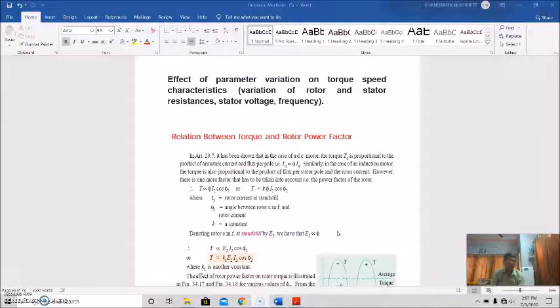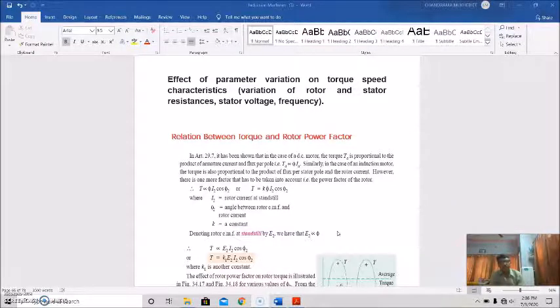So in our last class of Electrical Machine 2, we have discussed induction machines, torque slip characteristics, then equivalent circuits. Then in the last class we have drawn the phasor diagram of induction motor at standstill condition and at full load conditions.